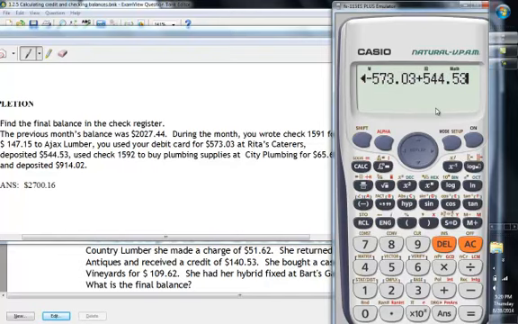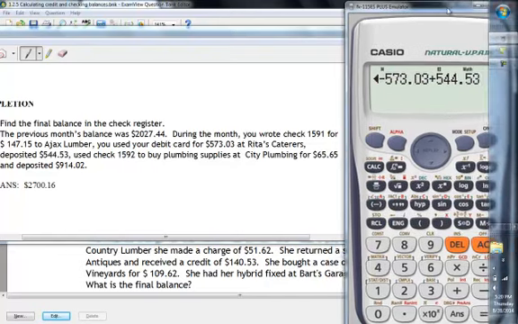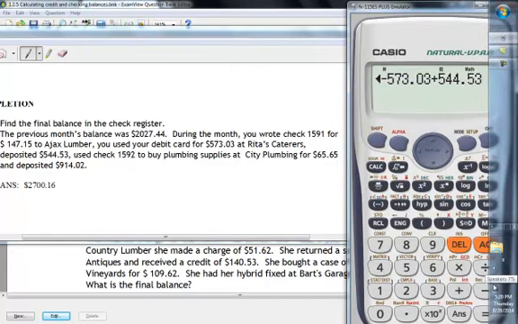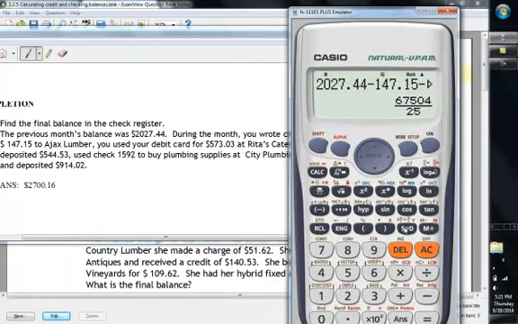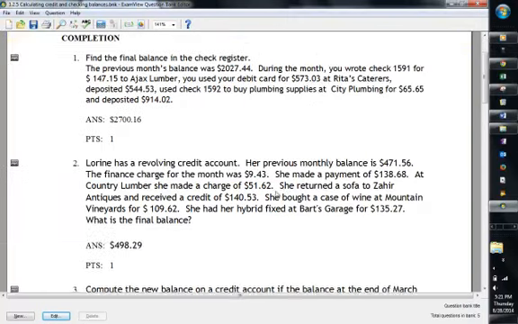And you used a check to buy plumbing supplies, so that will subtract $65.65. And you deposited, so that will add $914.02. When you get done, you get, remember you have to press S to D, $2,700.16. Let's go to the next one.